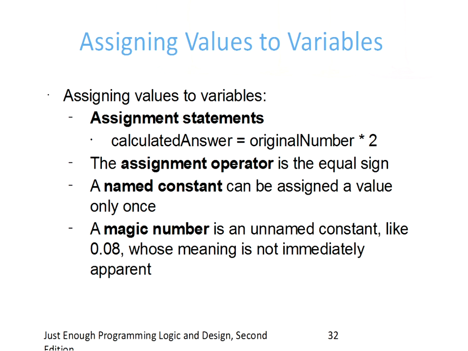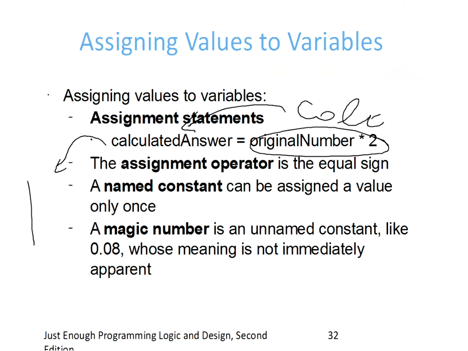Assignment is when we actually store something, right? So if this would be in pseudocode, here we are calculating, right? And what do we do with the result of a calculation? The result of a calculation is assigned to the calculated answer. Now, what is calculated answer?